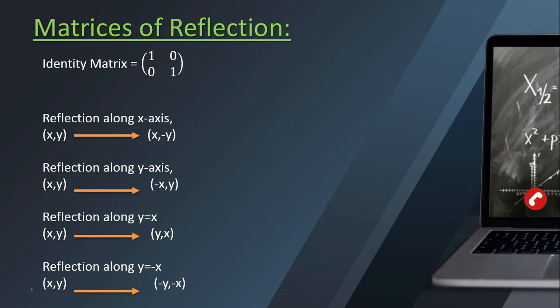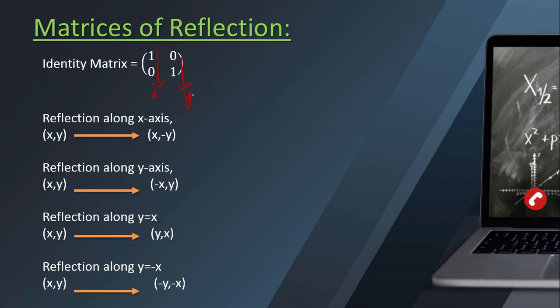If y is equal to x is the line of reflection, then the x and y coordinates will interchange. Similarly, if we have y is equal to negative x as the line of reflection, then not only will we interchange, but we will write a negative sign with both values. Here, remember this identity matrix represents the value of x and the value of y.